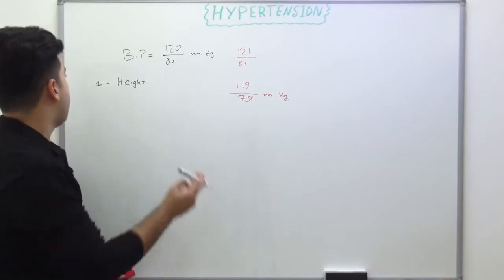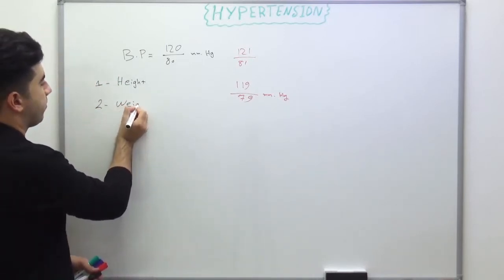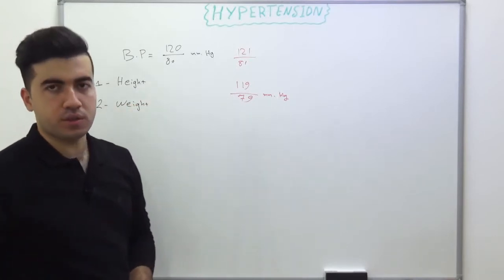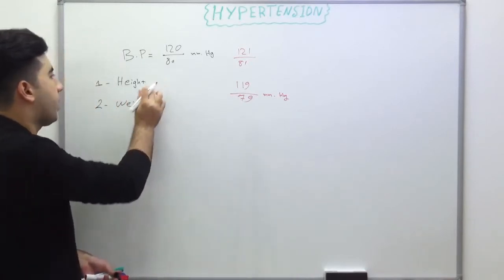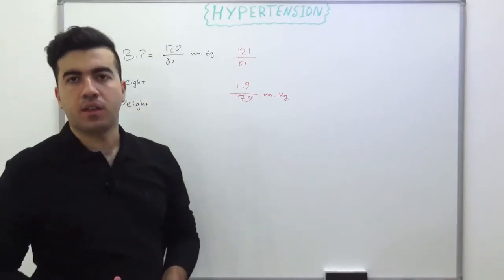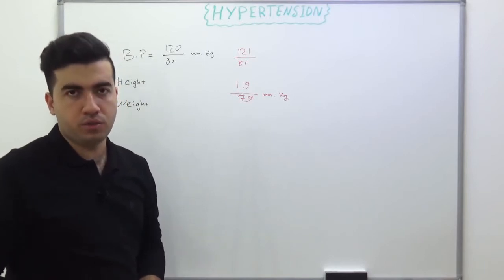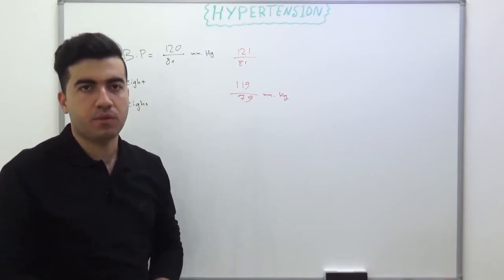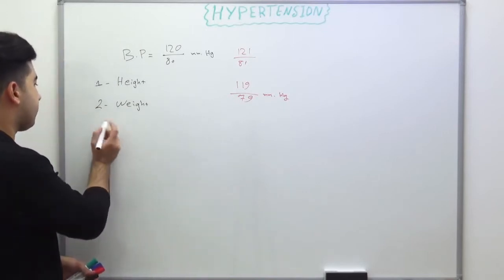And then we have weight. Even if not obese, in a specific population with the same height and other factors constant, those who have more weight usually have a higher blood pressure, and those with less weight have lower blood pressure.